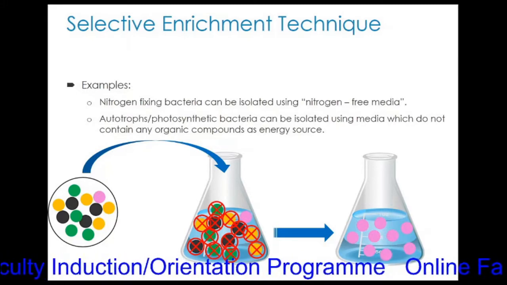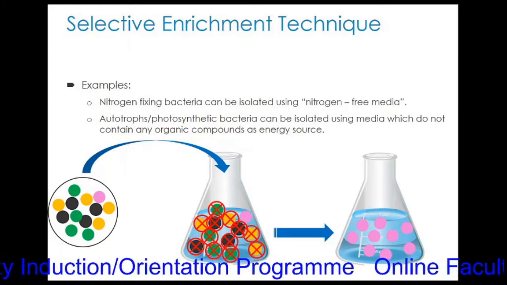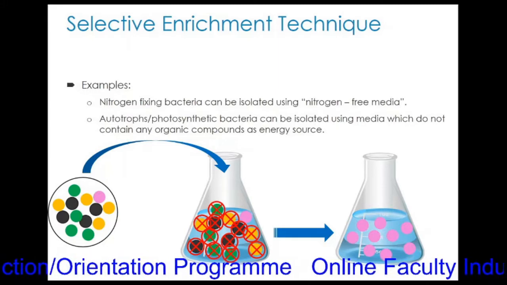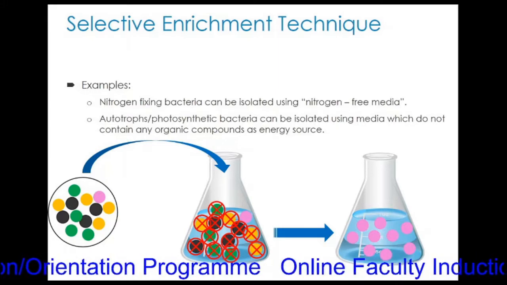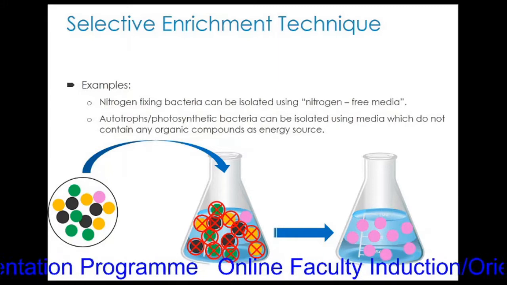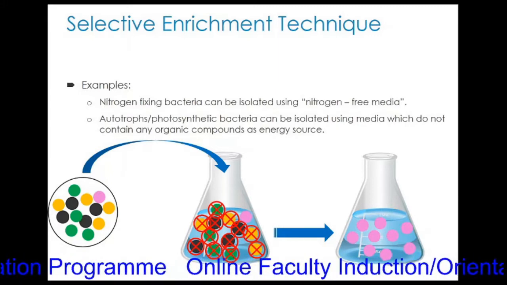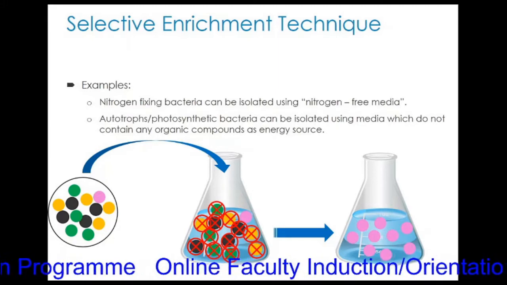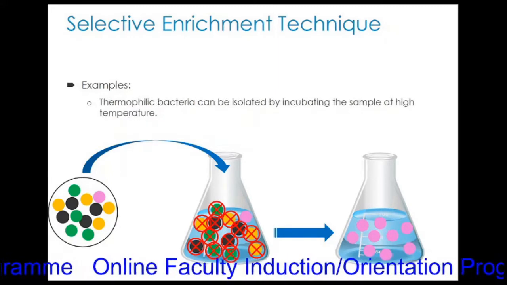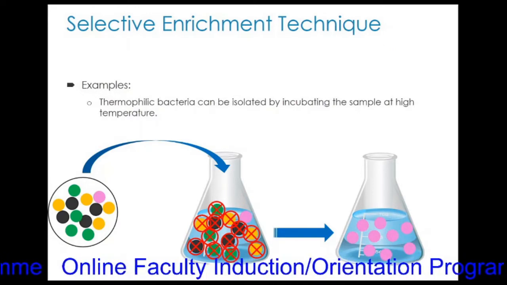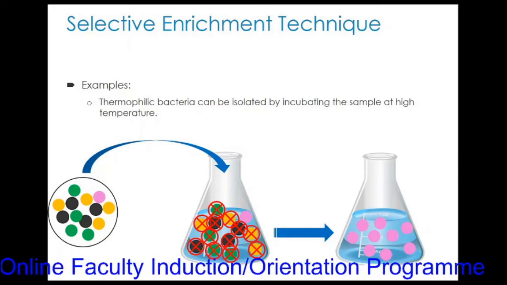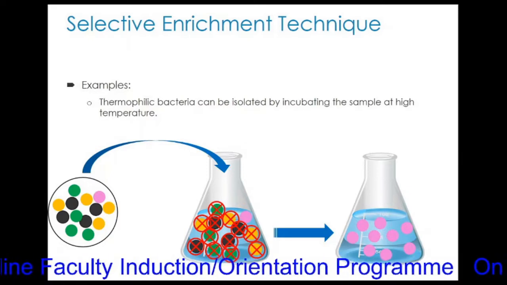Then if you want to isolate autotrophs or photosynthetic bacteria, you can use a media which does not contain any organic compound as the energy source, so that only those bacteria which are capable of synthesizing their own organic compounds will be able to grow. Similarly, thermophilic bacteria can be isolated by incubating the samples at very high temperatures.